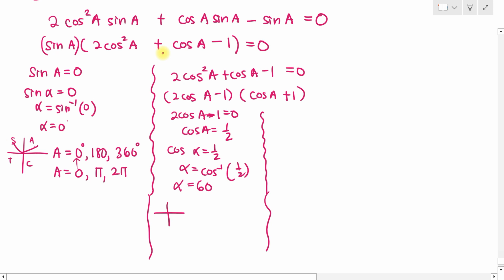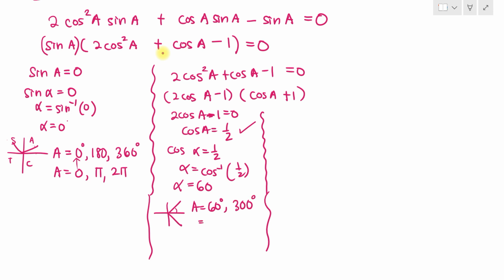Cos must be positive. Look at the original equation, not the alpha. Cos must be positive, so first one and fourth one. First one is 60 degrees, just the alpha, and fourth one is 360 minus 60, so 300 degrees.